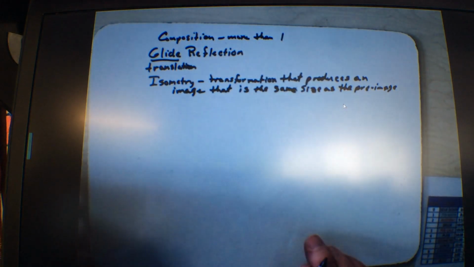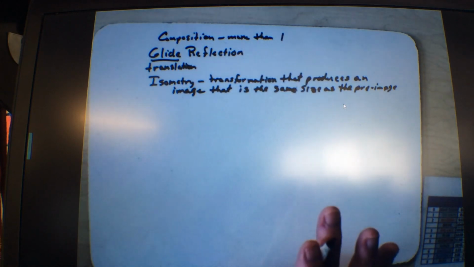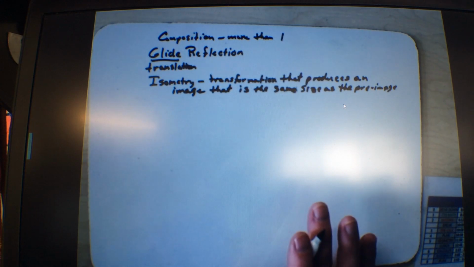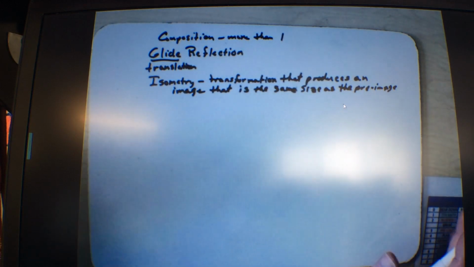So an isometry has the same size when you're done. Okay? So what we just did was an isometry because we shifted it left and then we flipped it, but the size of it didn't change. Okay. All right, just so you know.